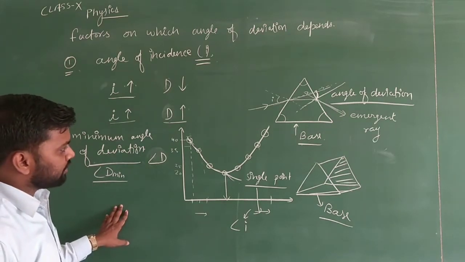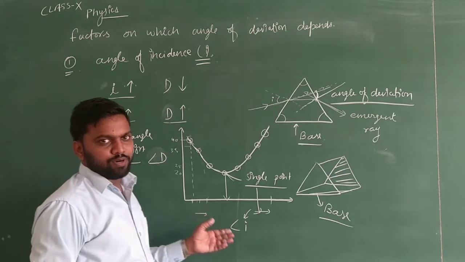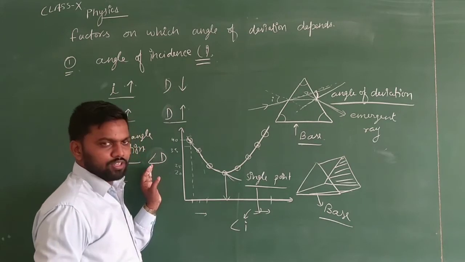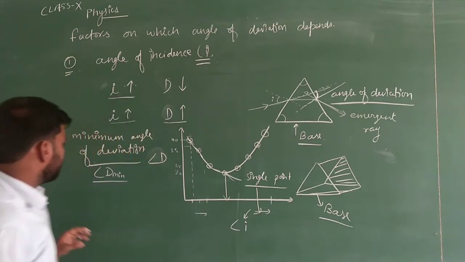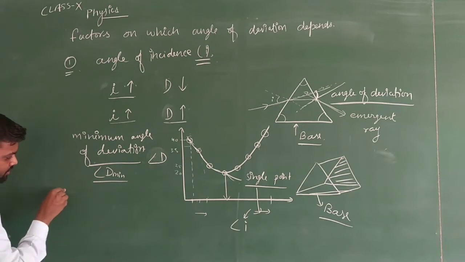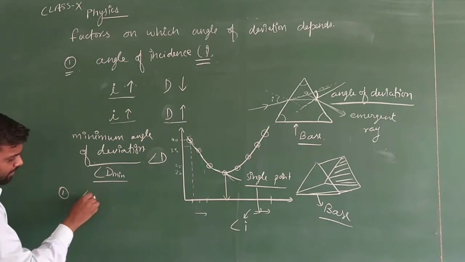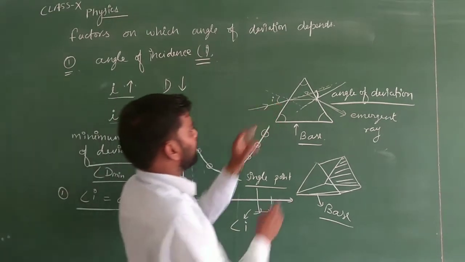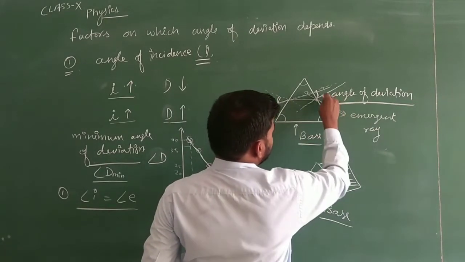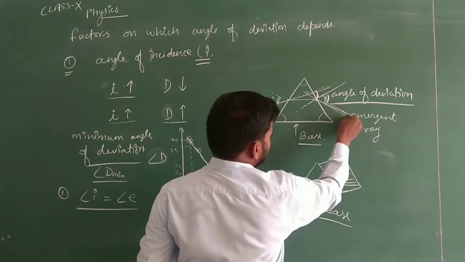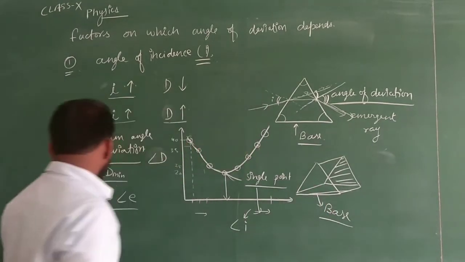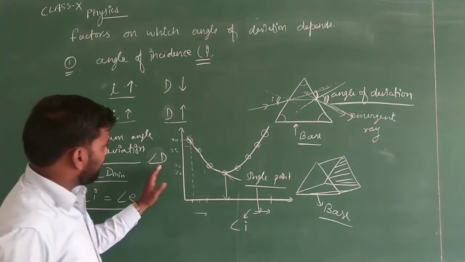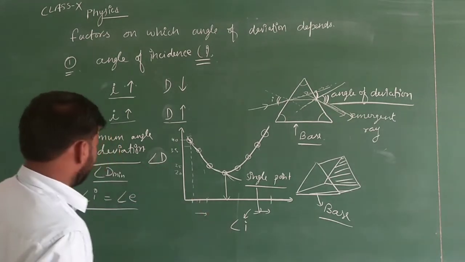Now the question comes: which angle of incidence gives the minimum angle of deviation? There will be two cases. Number one, if the angle of incidence becomes equal to the angle of emergence, that is, this angle is equal to this angle, which is the emergent angle, then the angle of deviation will be minimum.